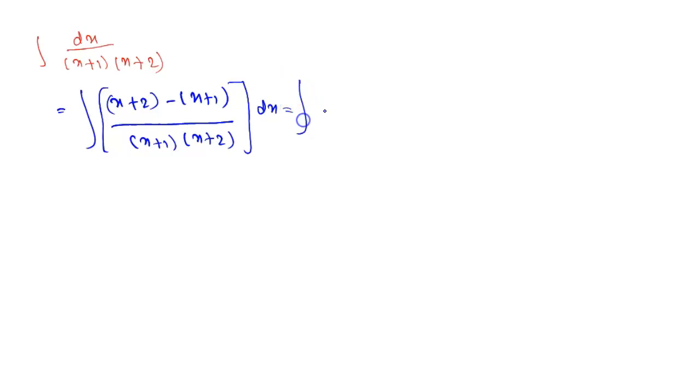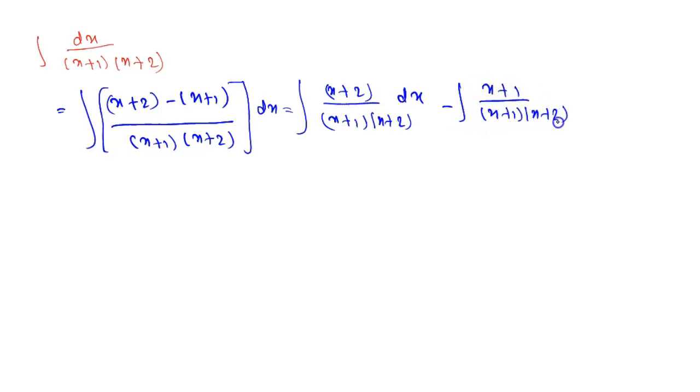So separate that function: integral (x plus 2) by (x plus 1) into (x plus 2) dx, minus integral (x plus 1) by (x plus 1) into (x plus 2) dx.